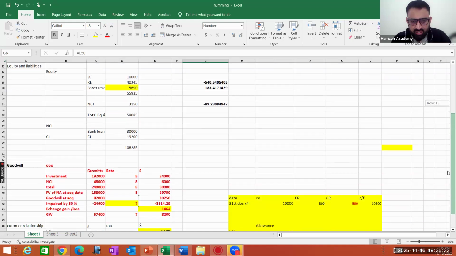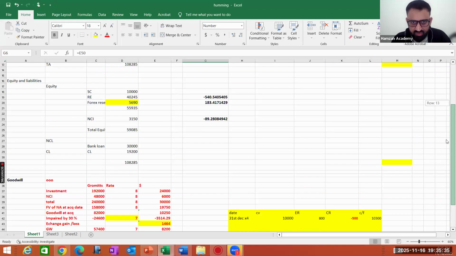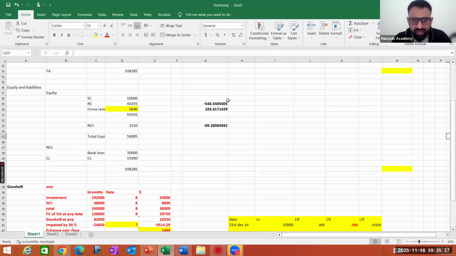Now, obviously, between 1875 and 1428.6, there is a difference, and that difference is due to depreciation and exchange gain, which would be reported among the group and NCI. 80% of the depreciation to the group retained earning, 80% of the exchange gain to the forex reserve, 20% of the depreciation to the NCI, and 20% of the exchange gain to the NCI.